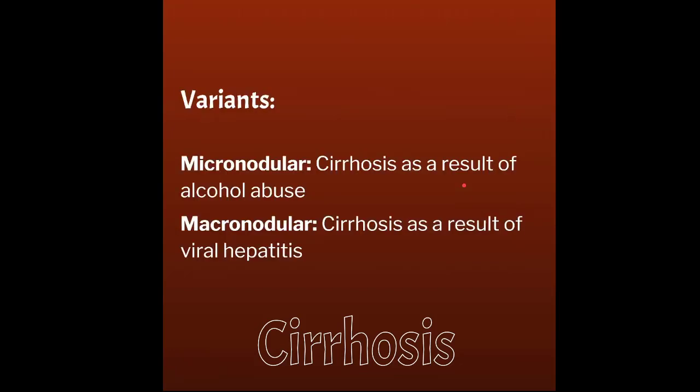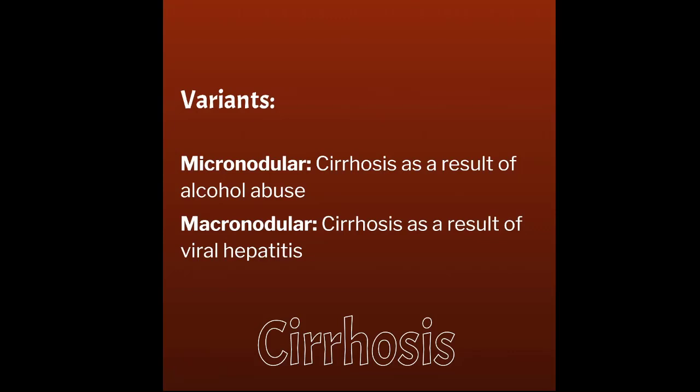There are a couple variants of cirrhosis in the way that it appears on the gross specimens. We can have micronodular cirrhosis, and this is going to be the result of alcohol abuse, or we can have macronodular cirrhosis, and this is typically the result of the progression of viral hepatitis. So micronodular is going to have tiny little fibrotic nodules within it.